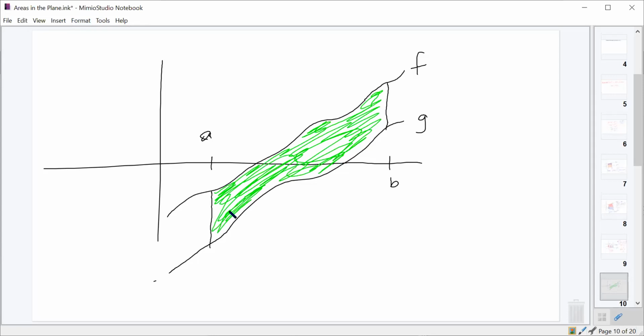Will that work or no? Can I still do the integral from a to b of f of x minus g of x? No. Is that a yes or a no? I would think no, since it crosses over into the negative side.